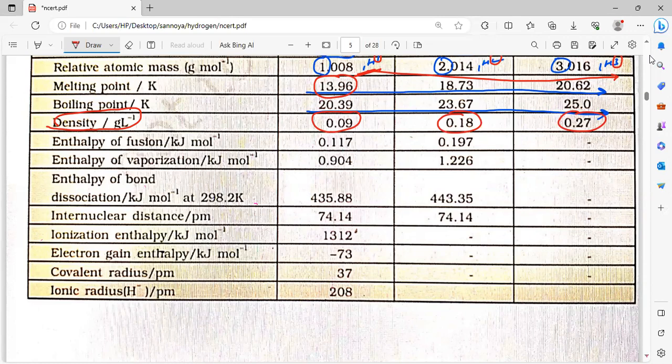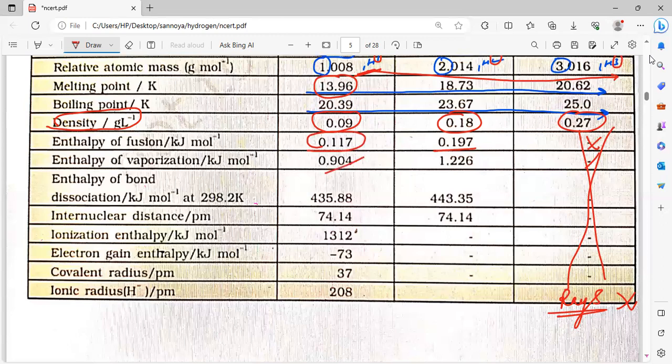It is radioactive, so we are not going to study other properties. Why? Because it is emitting harmful rays, so its study is not there that much. We don't study radioactive substances because they are harmful. Enthalpy of fusion, the less is there, hydrogen 0.117 and here is 1.7.